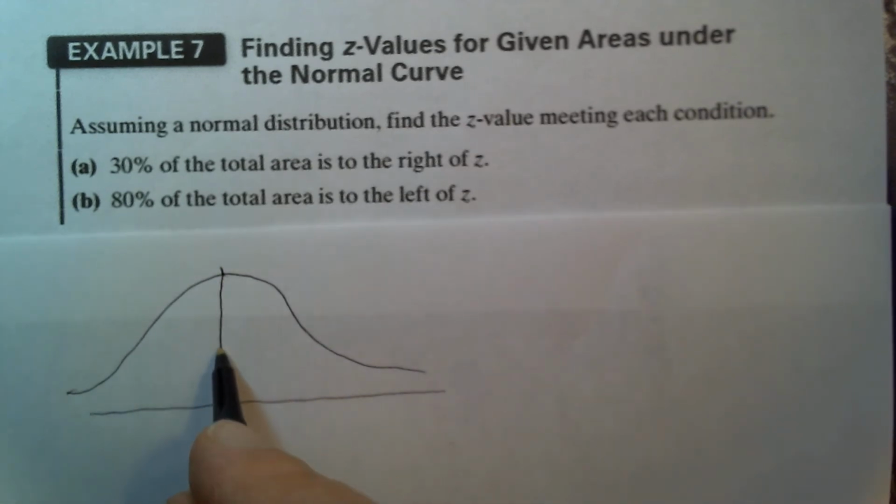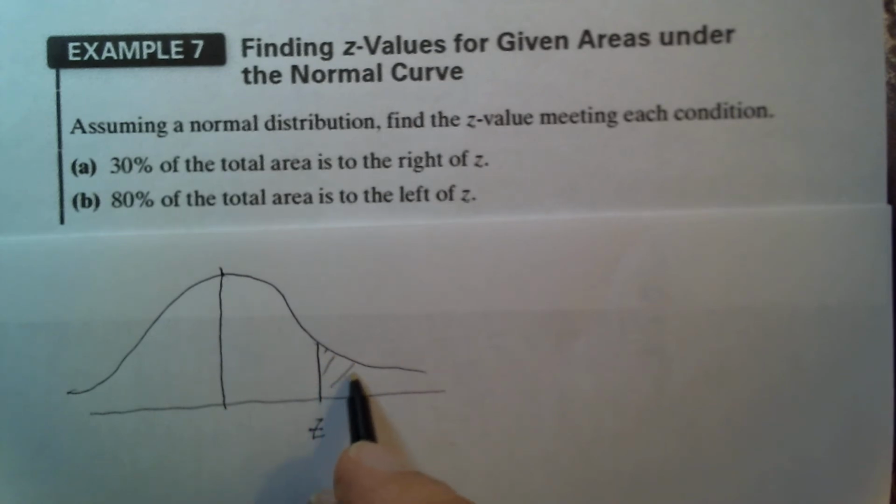So here's a midpoint, a mean. And so we are asked to find the area 30% to the right of the z-score. So we're looking for this particular z-score for an area that's 30% to the right.